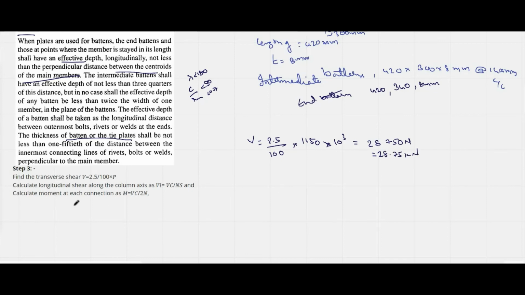And we have also seen that the longitudinal shear across the column axis is given as L equal to VC by NS. This is 28.75 into C, which is the 1400 mm spacing, divided by N, which is the number of parallel planes of battens.